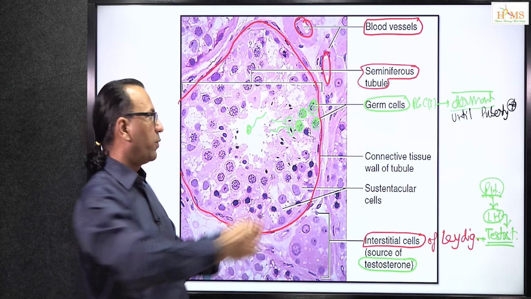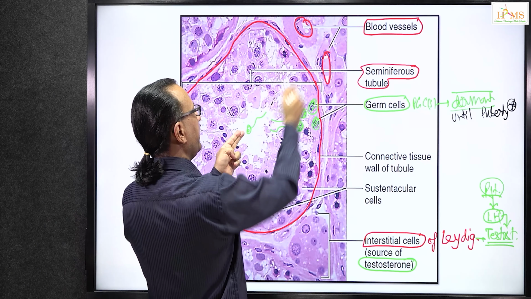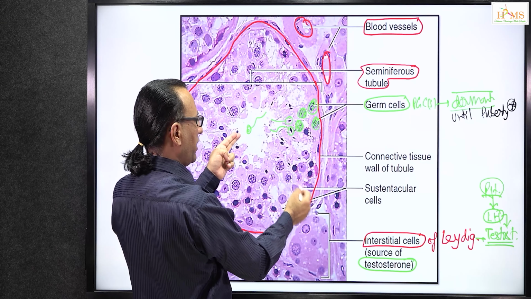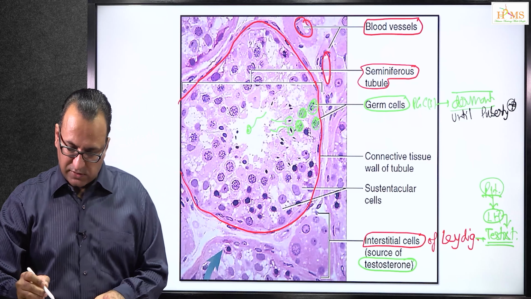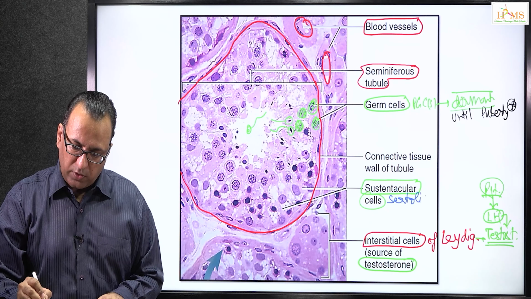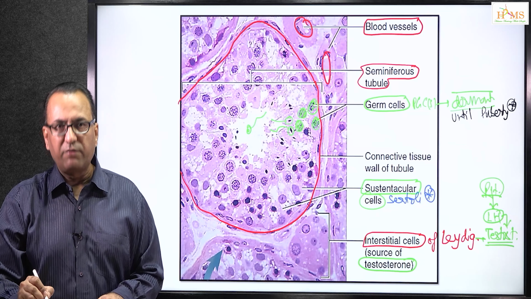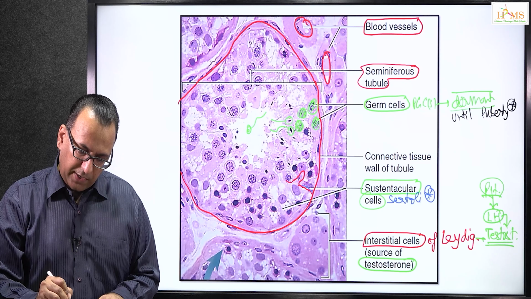You cannot expose the sperm to the components of the blood, and for that blood testis barrier we have some cells. We were calling them the sustentacular cells. So these sustentacular cells or the Sertoli cells, what exactly are they doing? How do they form the blood testis barrier? We will look into a diagram, but these sustentacular cells have some lateral processes, apical processes.